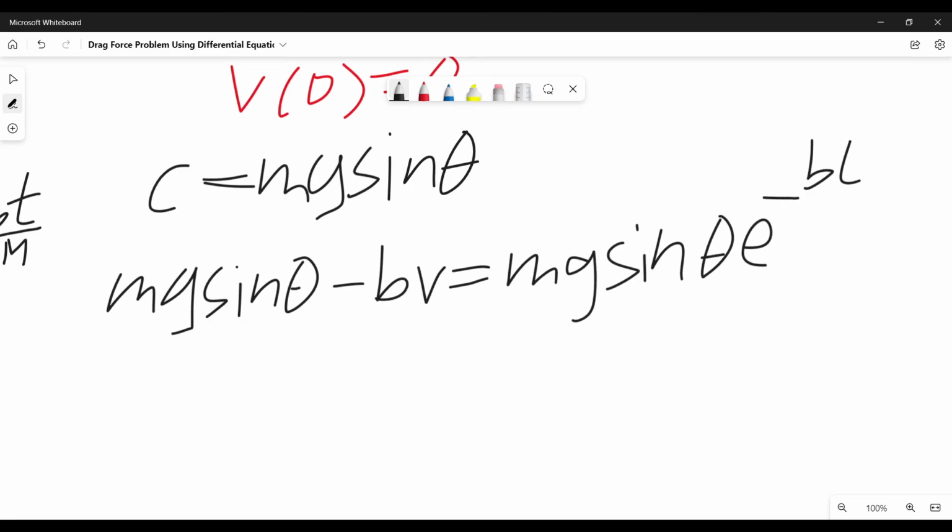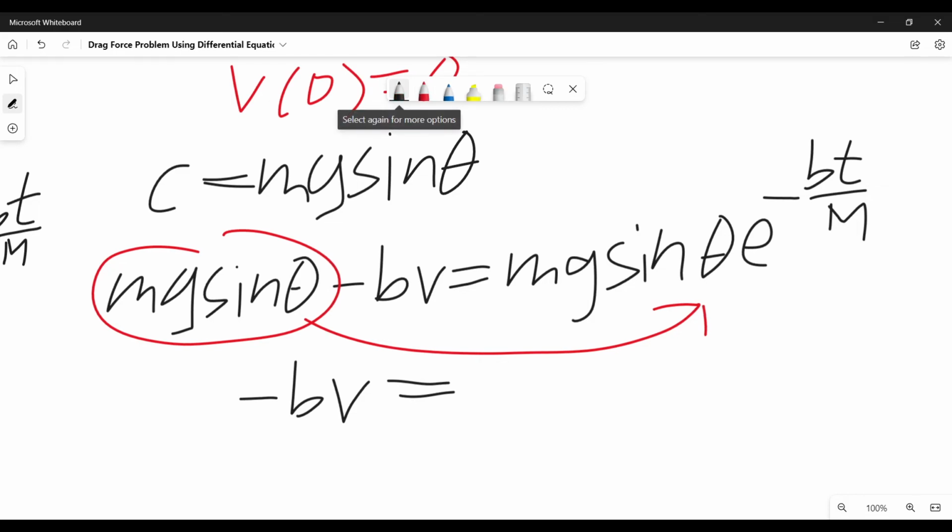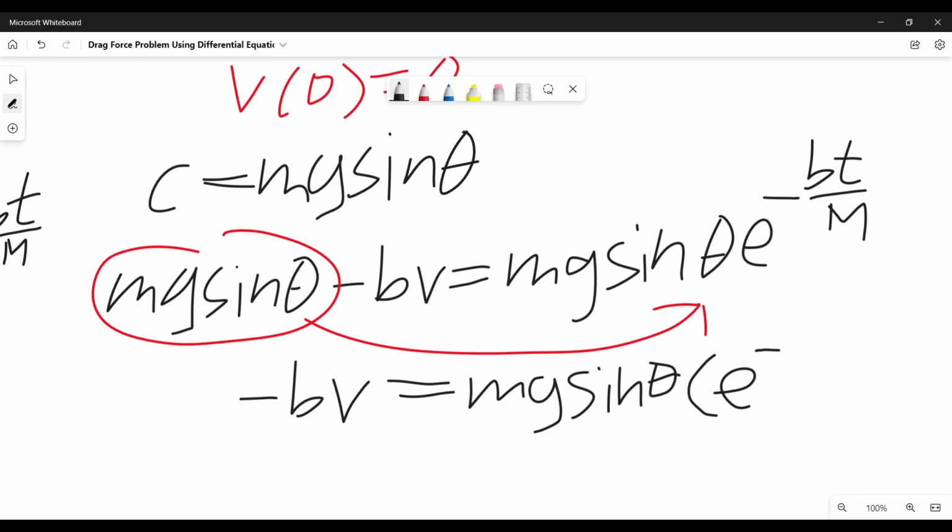And then we're just going to move this to the right hand side, subtract it, and then we get mg sine theta, distribute that out, and we get negative e to the negative bt over m, as always, minus 1.